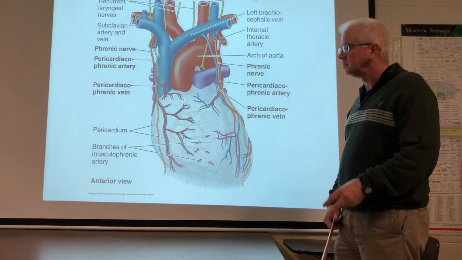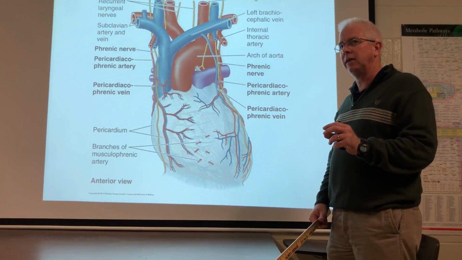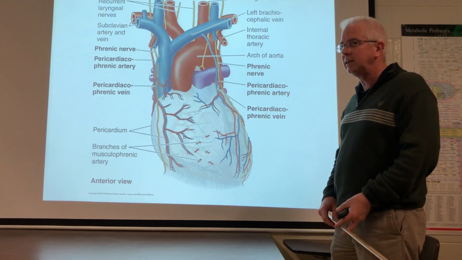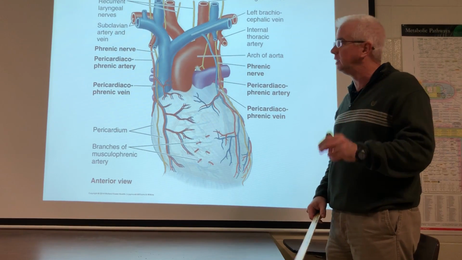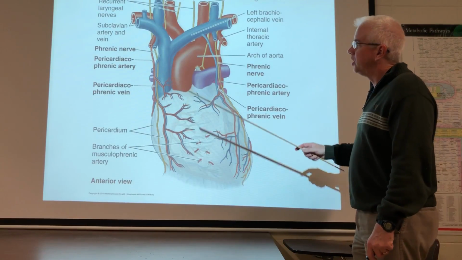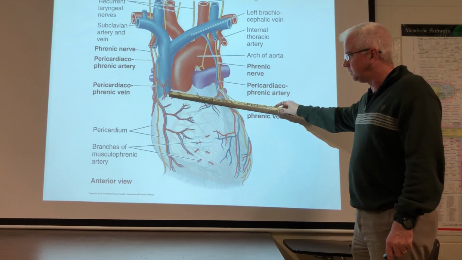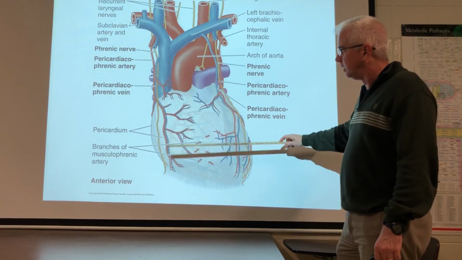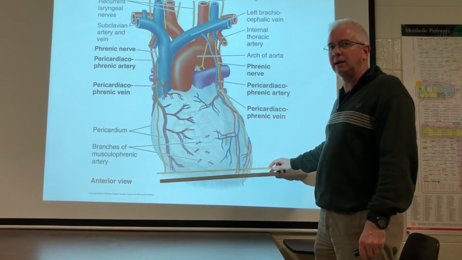Now, let me tie one more piece together that I mentioned to you earlier, but if you see it here with your own eyes, it'll hopefully sink in. Notice, this heart has not been dissected yet. The pericardium is still intact.